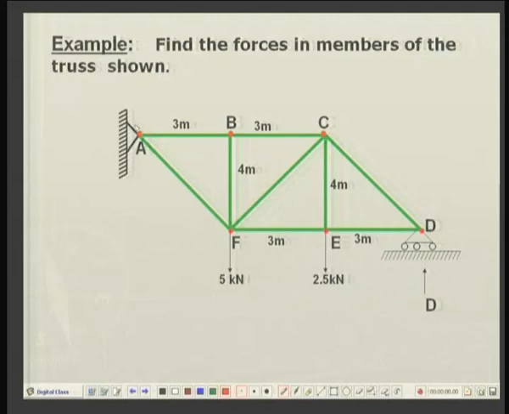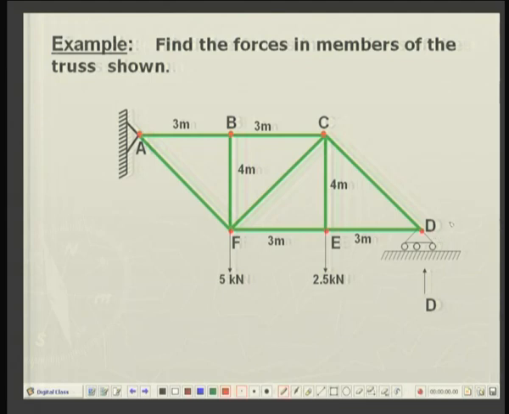Now, here are two supports on the truss, A and D. D is a roller support, A is a simple or pin jointed support. So, you can see that there are three unknown forces from the supports, that is two reactions at point A, one in the horizontal direction and one in the vertical direction, and one reaction at D, that is only a vertical reaction.